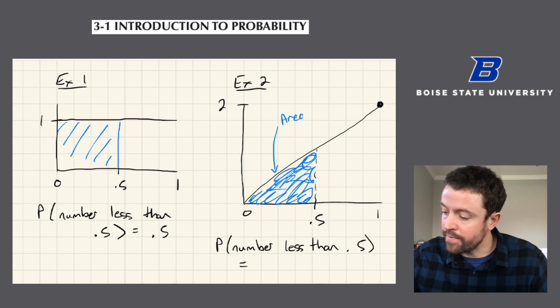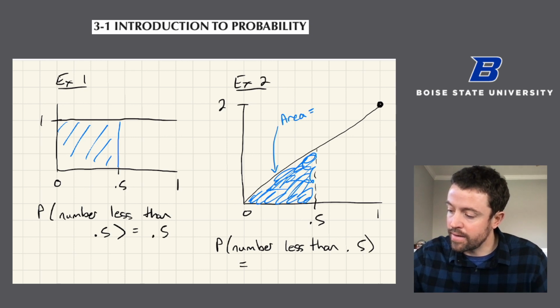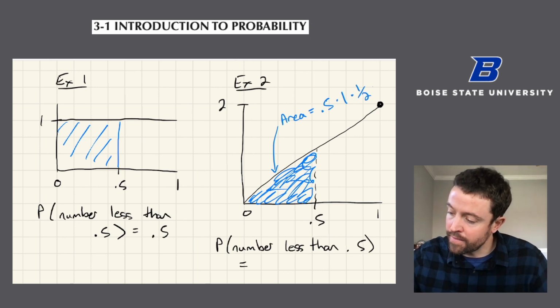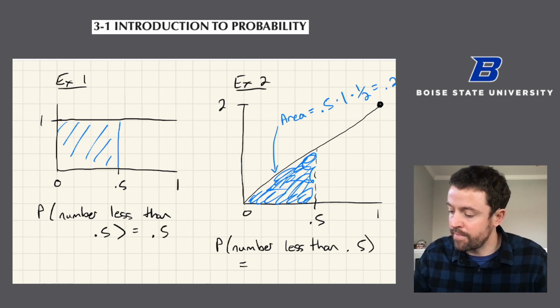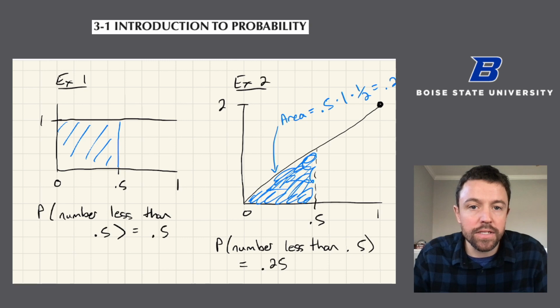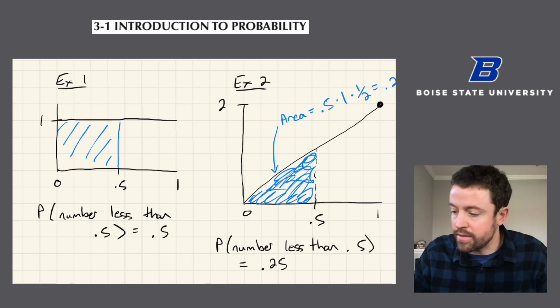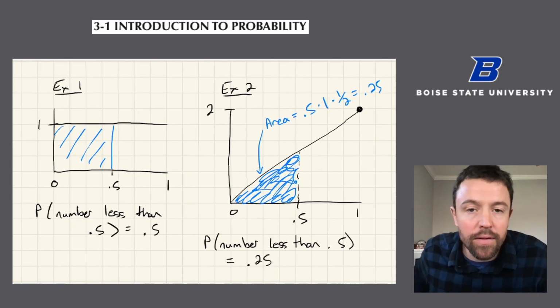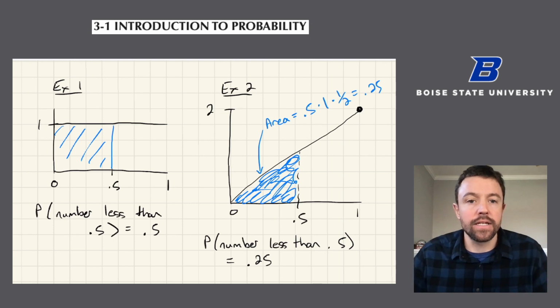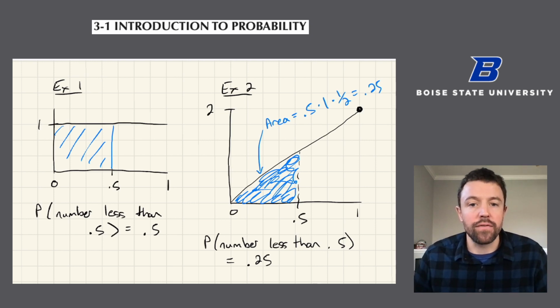Well, the area of a triangle is the base length times the height times a half, which is 0.25. So in this case, the probability that I pick a number less than a half is 0.25.